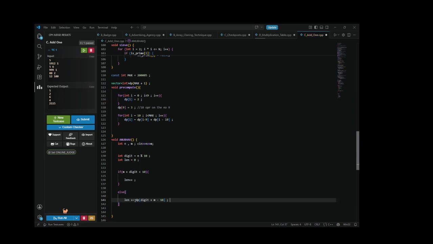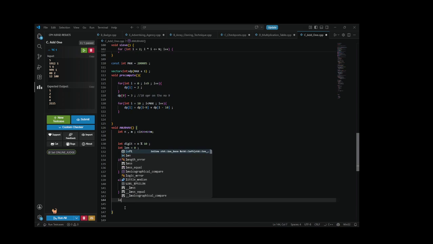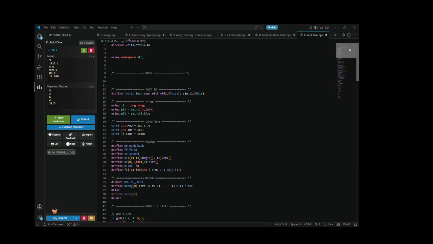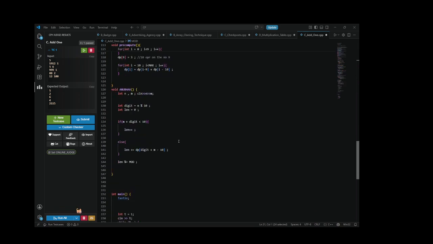Why minus 10? Because for less than 10 we have handled the case in the if statement, and the length can go pretty large, so for that we can do this thing modulo. I think modulo I have already written, yes, there in the constants.